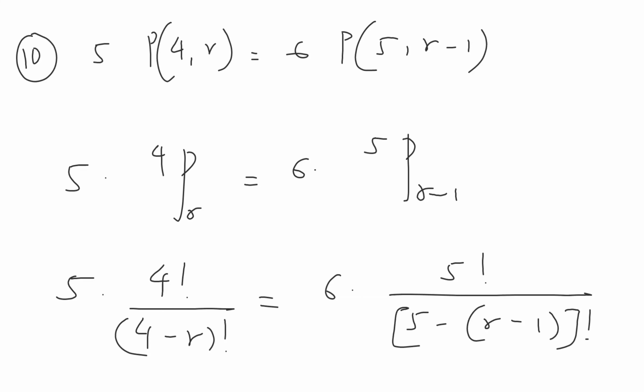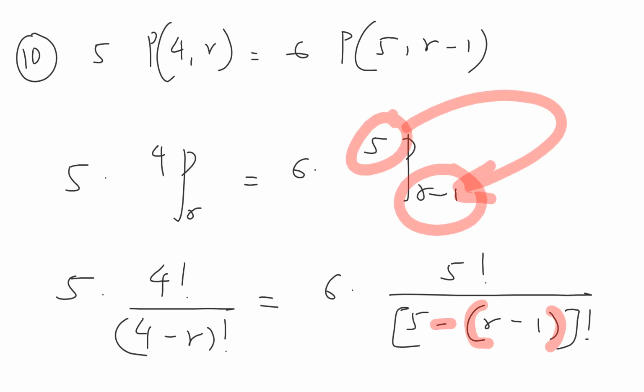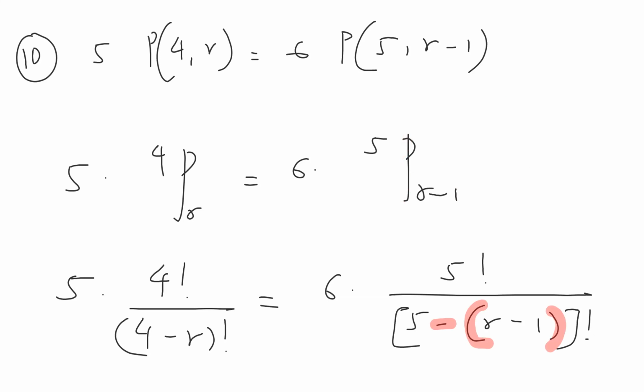Now see, this bracket is very much important because there is a minus sign outside. n minus r. Okay, so brackets certainly play a very important role. So guys, what is 5 into 4 factorial? Think logically and tell me.